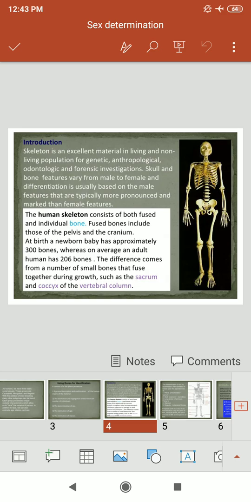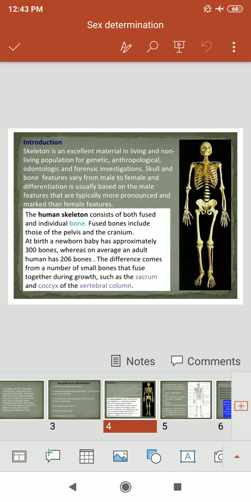The skull and bone features vary from male to female, and differentiation is usually based on the male features, which are typically more pronounced and marked than the female features. The human skeleton consists of both fused and individual bones.